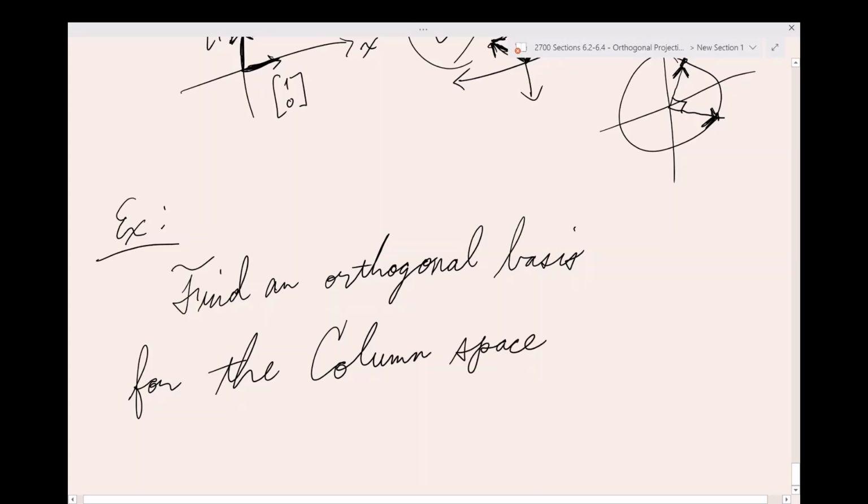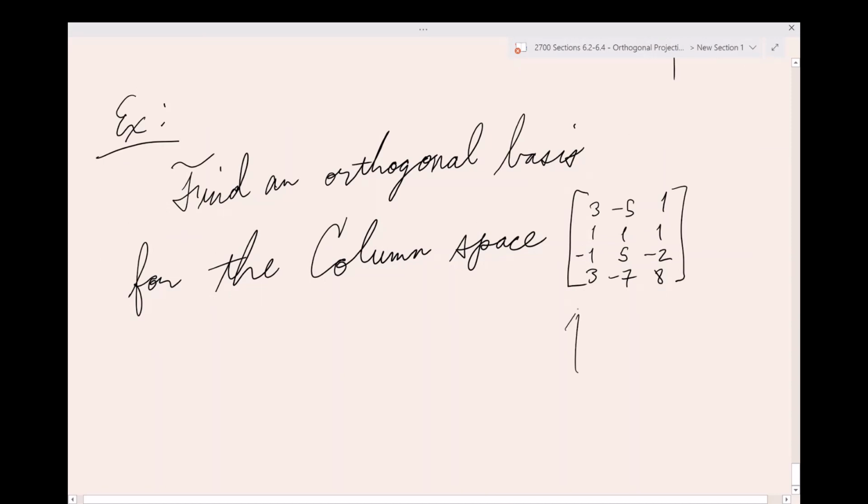And I'm just going to write down one of the examples. So this one, it gives me 3, 1, 1, or no, negative 1, 3, negative 5, 1, 5, negative 7, and then it gives me a third column, 1, 1, negative 2, 8. So it gives me these 3 column vectors. And now remember, the column space is just the subspace they generate.